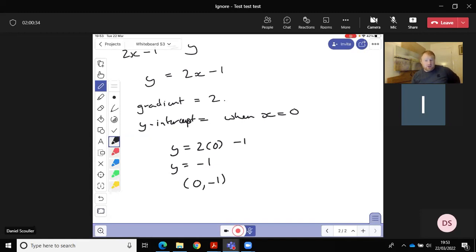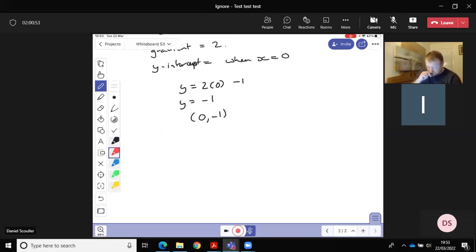Your y-intercept is always when x on the horizontal is equal to 0, so where does it cut through? The gradient, what I asked for in that question, is just the number in front of x, but we want to get it in that form, y equals mx plus c.